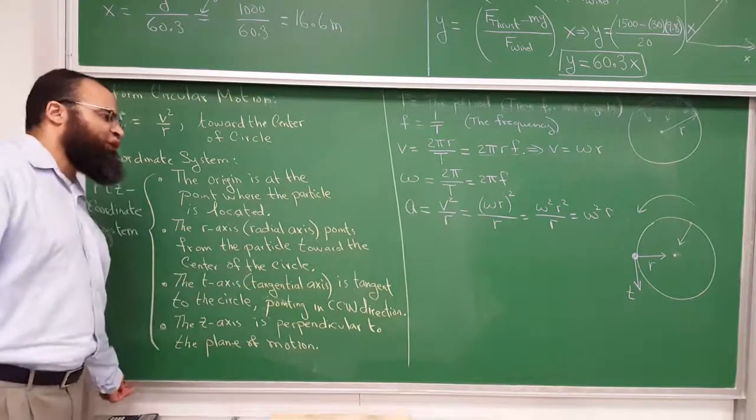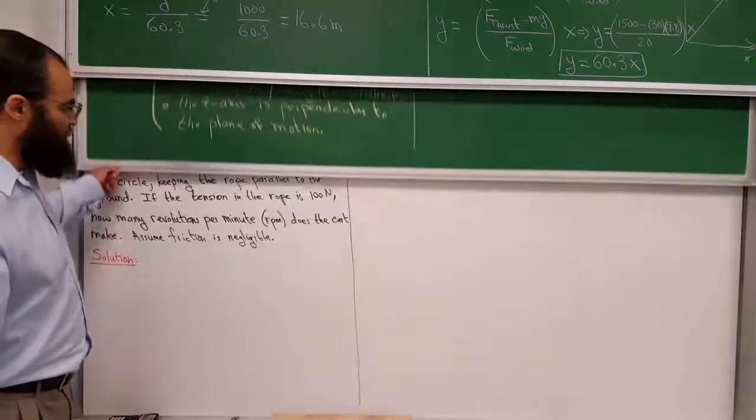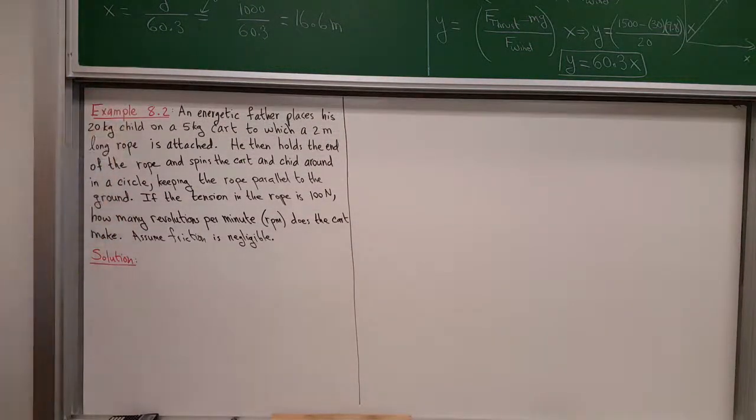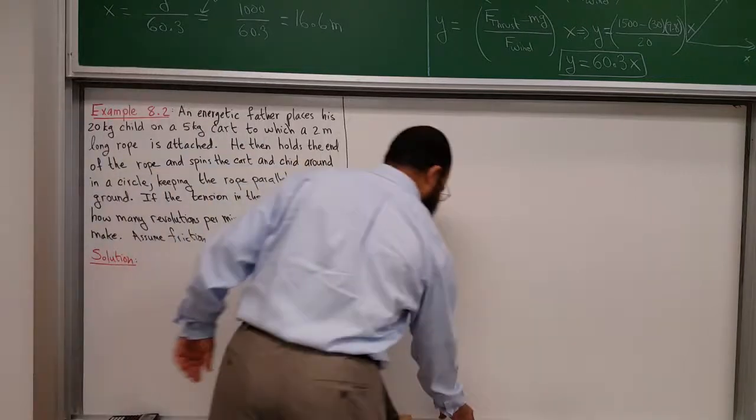So let us look at this problem here, 8.2. It says you have an energetic father, and this father places his 20 kilogram child on a 5 kilogram cart to which a 2 meter long rope is attached. Let me draw the cart with the child.